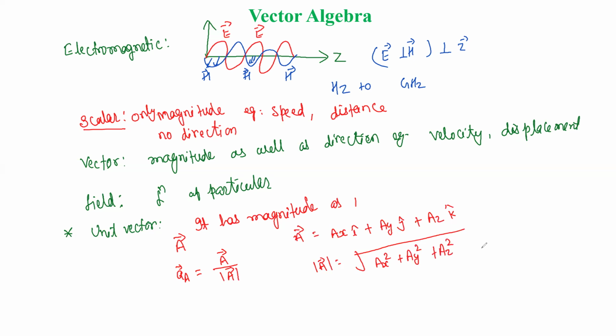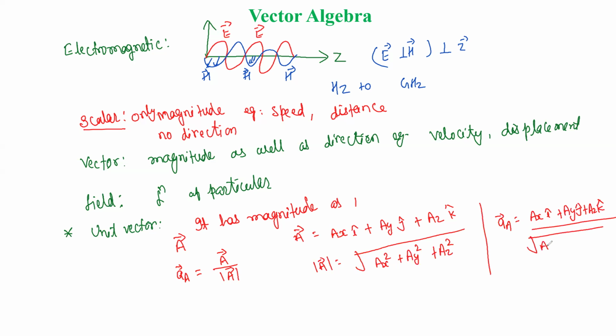In this case, if you have to find the unit vector, that unit vector will be written as that vector A, that is Ax i, here we can write a small ax also, Ay j plus Az k, divided by the magnitude of A.